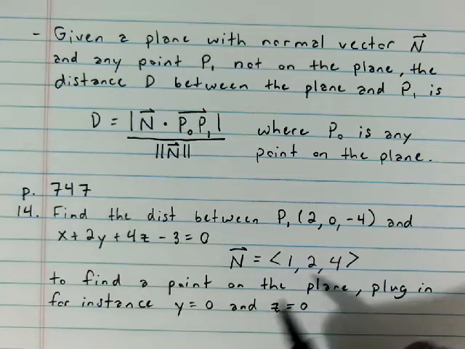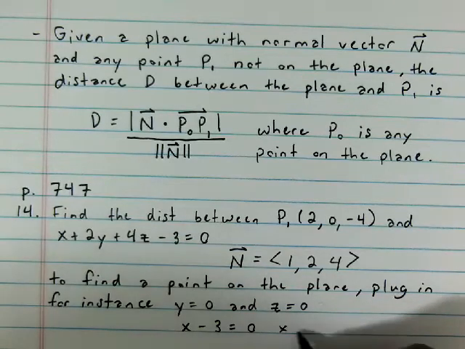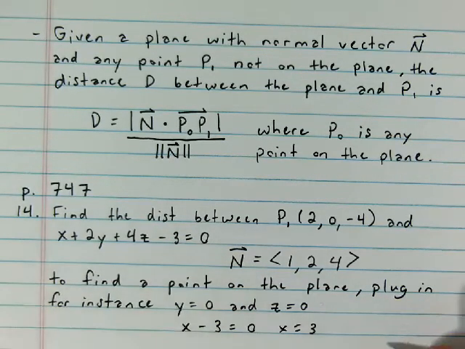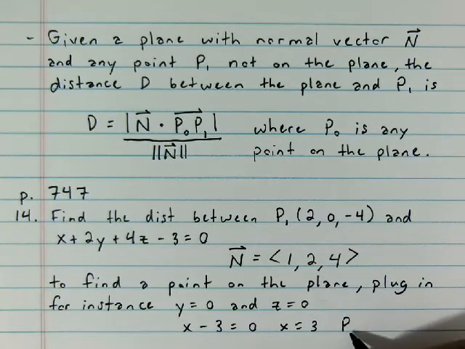So if I plug in y equals 0 and z equals 0, then I get x minus 3 equals 0. So that gives me x equals 3. And now I have a point. So now my P naught, my point on the plane, is 3, 0, 0.